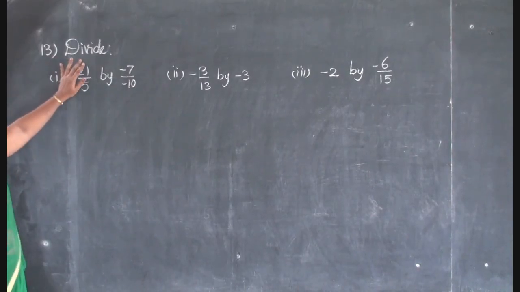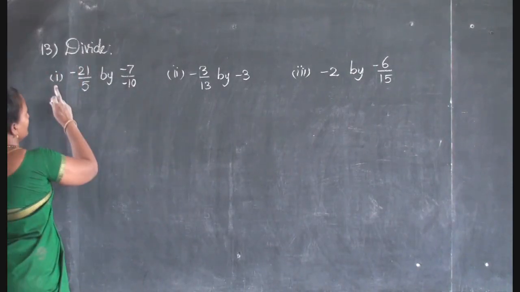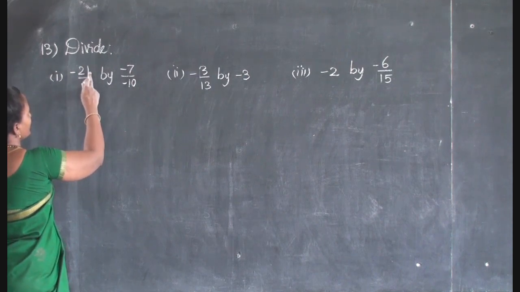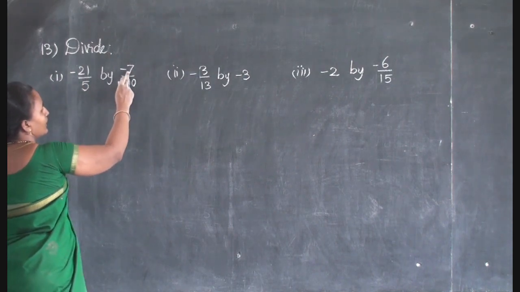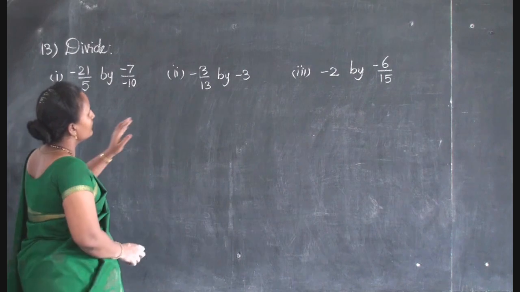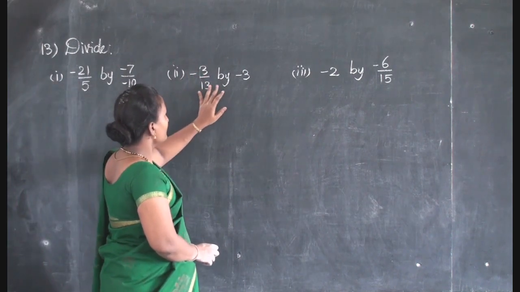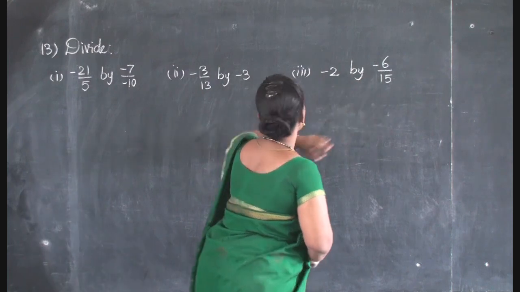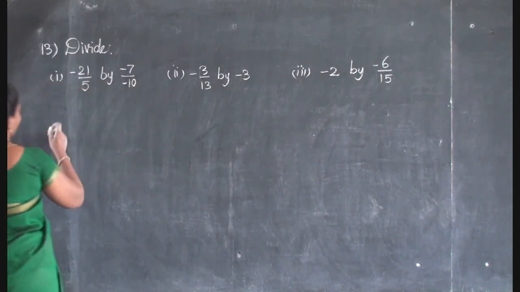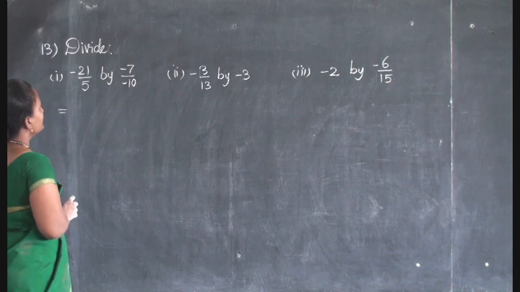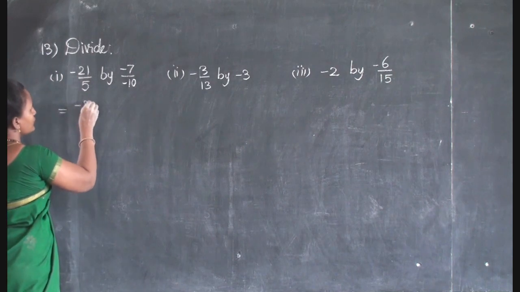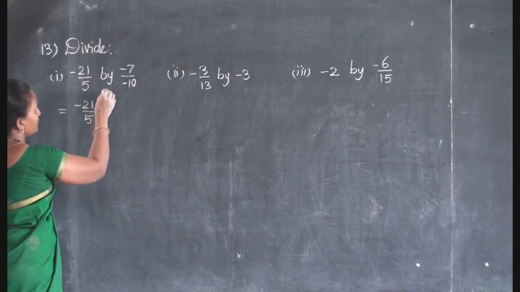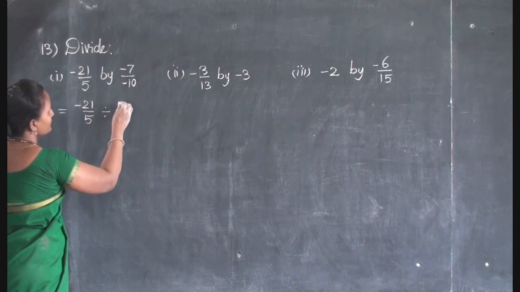Now the 13th sum. Divide. First sum, minus 21 by 5 divided by minus 7 by 10. Next one, minus 3 by 13 divided by minus 3, and minus 2 divided by minus 6 by 15. First one, minus 21 by 5, division.